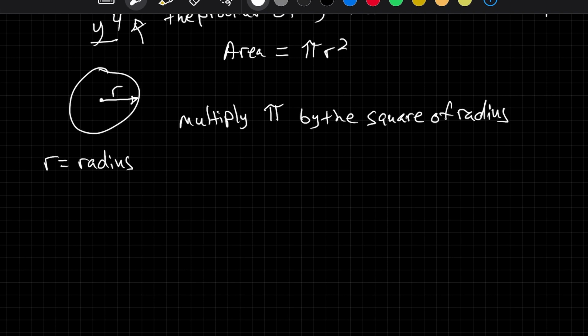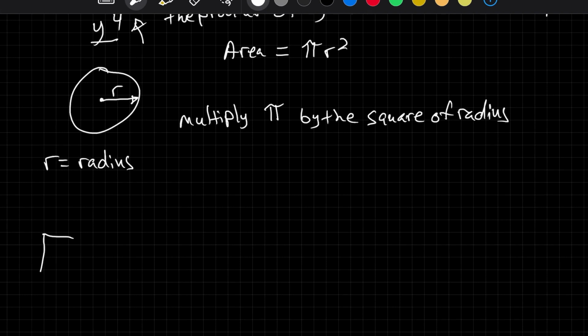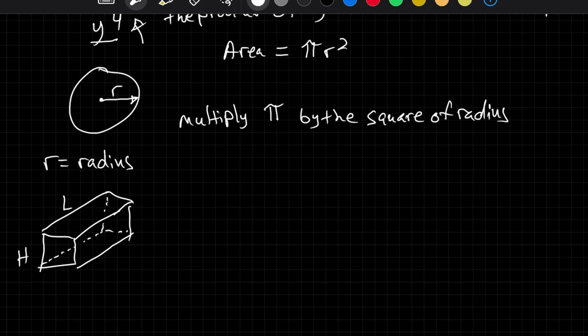Alright, let's do another geometry problem. Alright, we'll see if I can draw this. I'm not very good at drawing, but you have to use your imagination sometimes. Okay, so let's say that this has dimensions H for the height, L, let's use all capital letters, H, L, and W for the width.